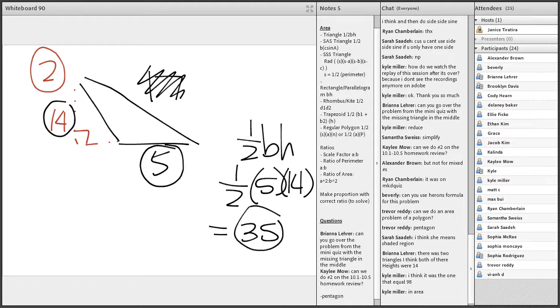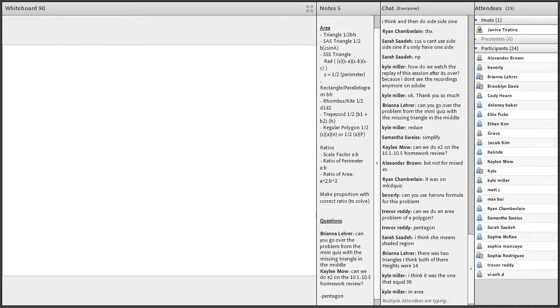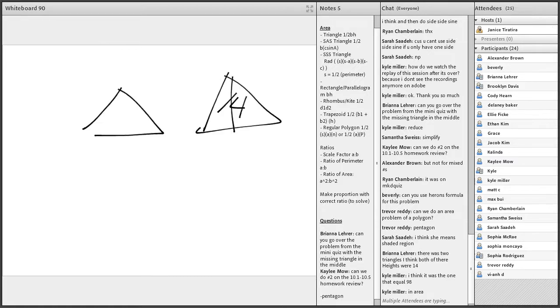I think it was the one that equals 98. Two triangles, both heights were 14. And then it was equal to 98.